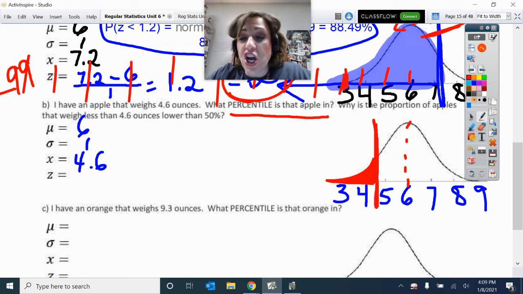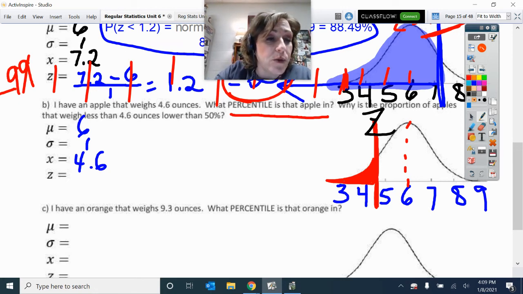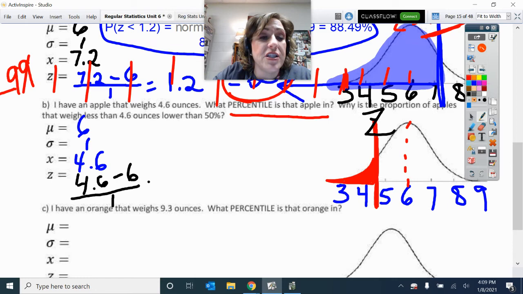Where is our context located in terms of a z-score? I have to get the z-score to compute in the calculator. So my z equals x minus the mean over the standard deviation.